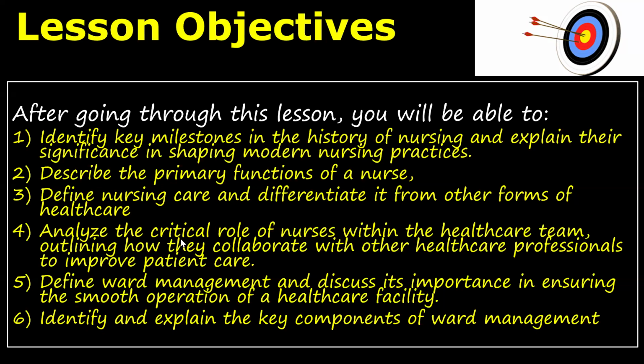Number four, analyze the critical role of nurses within the health system. Number five, define ward management and discuss its importance. Then lastly, you will also be able to identify and explain the key components of ward management. So these will be our objectives in our today's lesson.